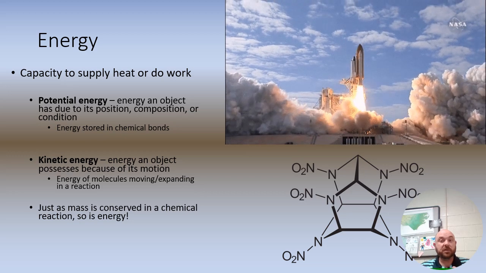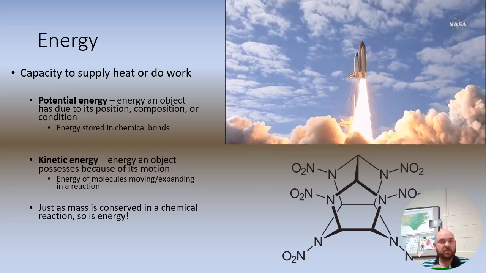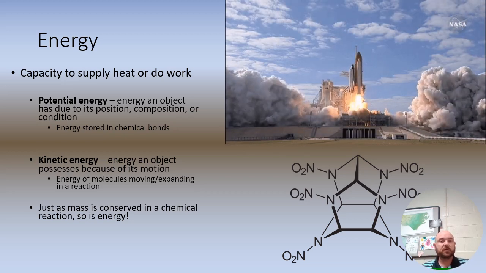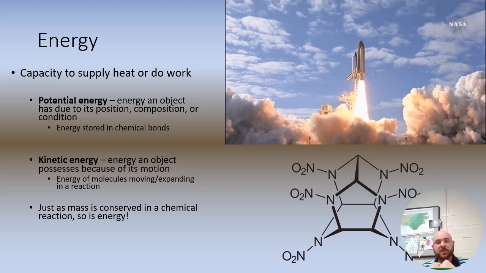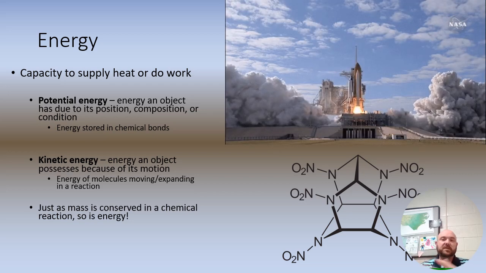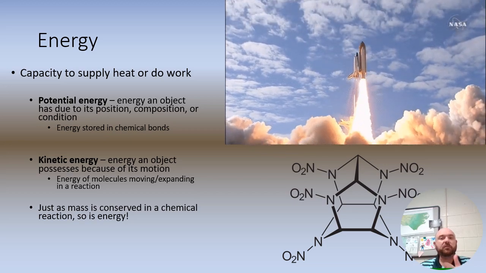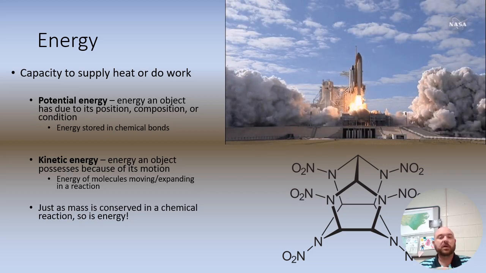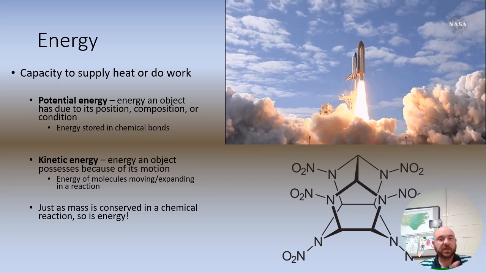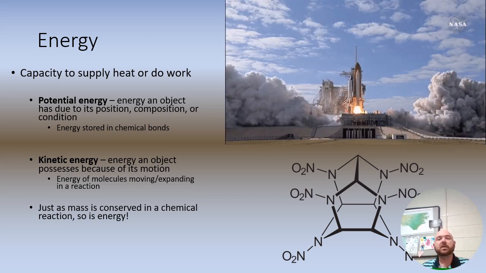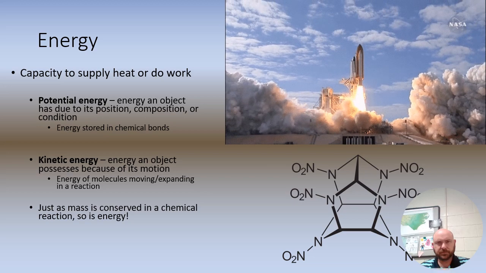When it does, two things happen. We can see a lot of heat. A lot of heat is produced, but also those molecules burst and move and expand. And that's actually what pushes the rocket forward. So we can perceive both types of energy, the two broad potential energy and kinetic energy definitions, within a chemical reaction.